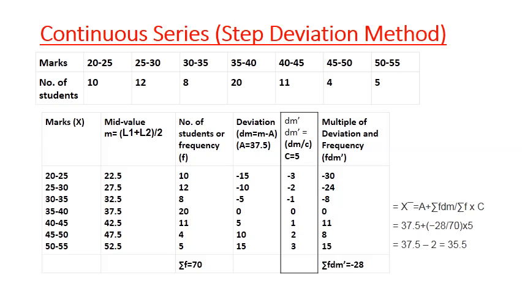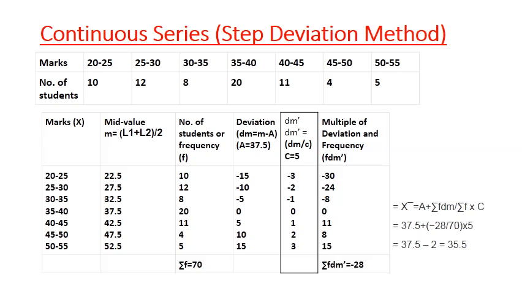Look at this question which we have discussed earlier with the help of the assumed mean method. Now the only extra step here is that you have to calculate DM dash, which is equal to DM divided by C. So if there is a possibility of taking a common from that deviation column, DM column, then you can go for the step deviation method.